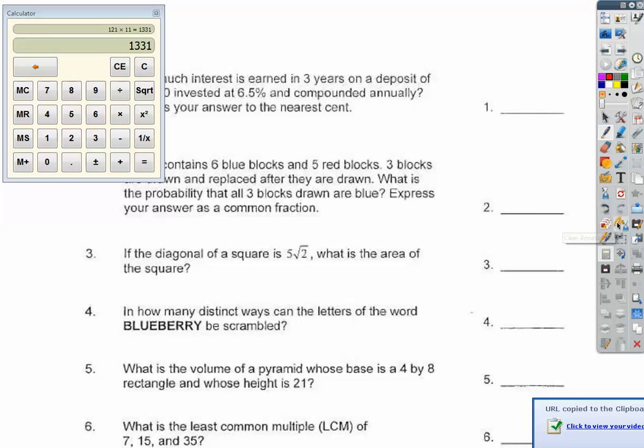All right, how many distinct ways can you scramble the letters in the word blueberry? Oh, that sounds like fun. Blueberry. So you have 1, 2, 3, 4, 5, 6, 7, 8, 9. So that's 9 factorial.